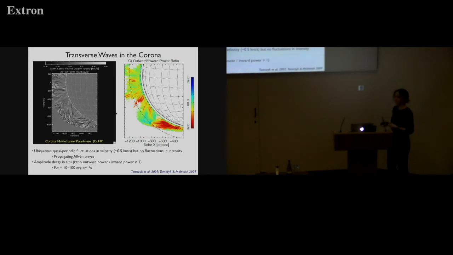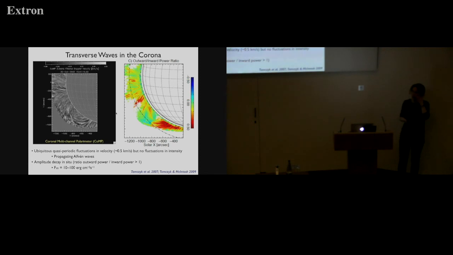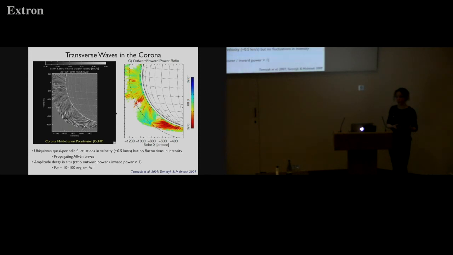Now, we know historically that actually dissipation of wave energy is quite hard to do with those models that I described at the very start. So this is actually a surprise, because if you do this in terms of wavelengths of these waves as they propagate along the loop, you've only got 1 or 2 wavelengths to get this outward power damped sufficiently.